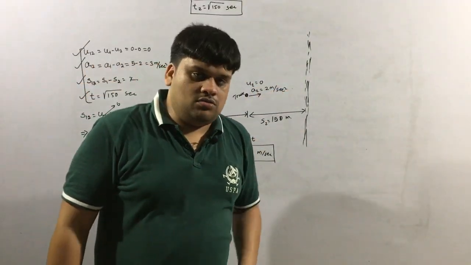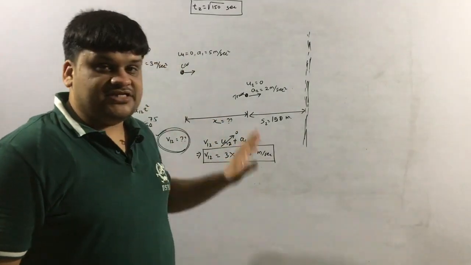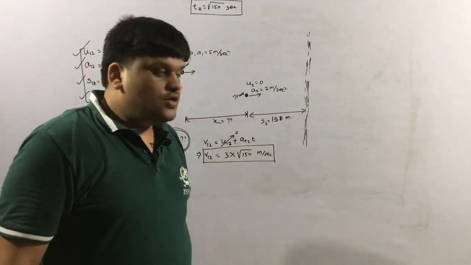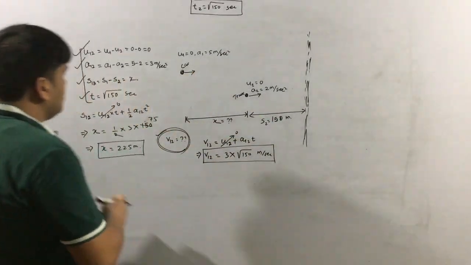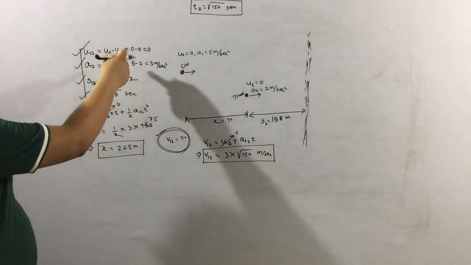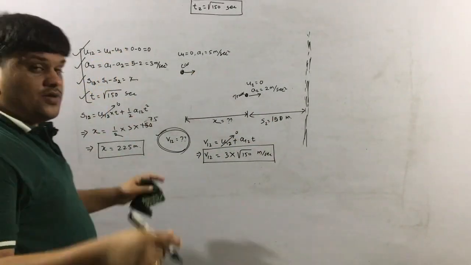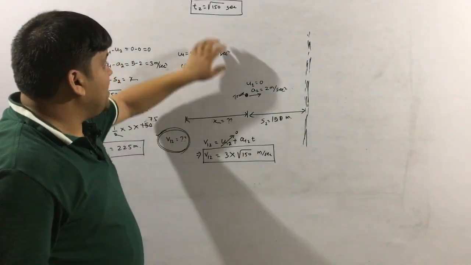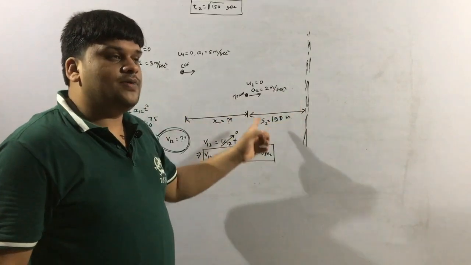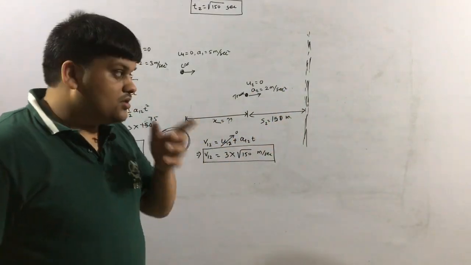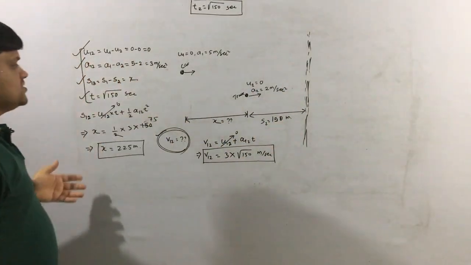Is it clear to everyone? So here you have to remember that since these two are moving in the same direction, you have to find these relative values by subtracting. And the important thing is that first you have to find the time by using the second part only, using the values for the truck only. Otherwise you cannot solve by using this part.